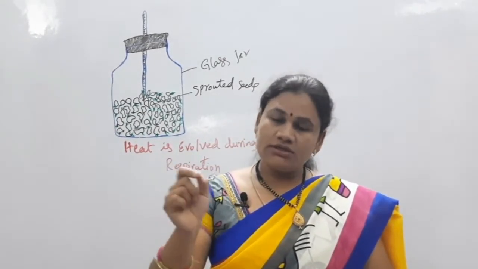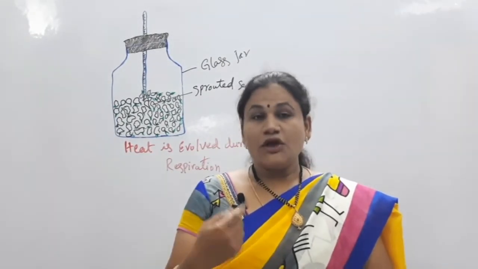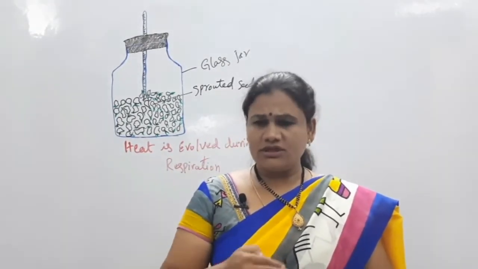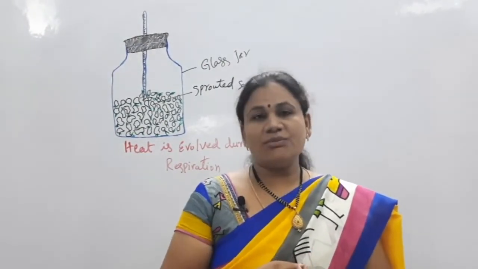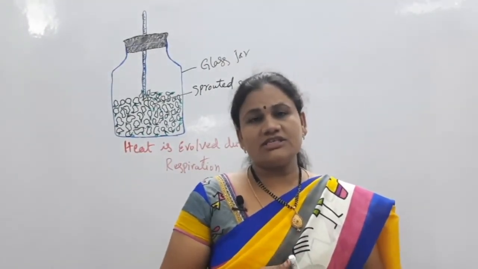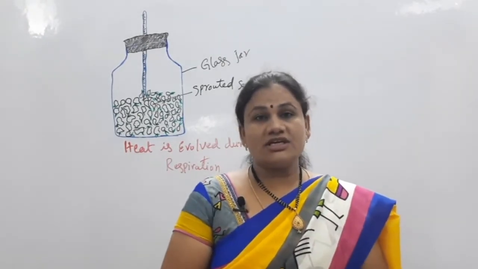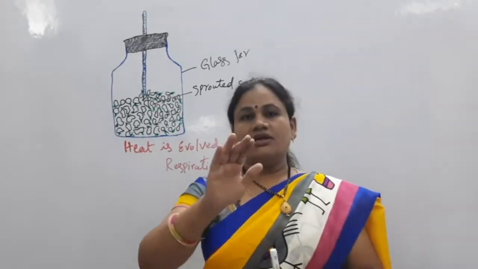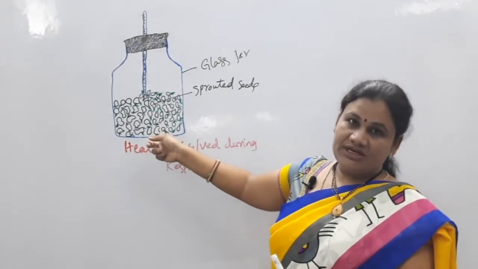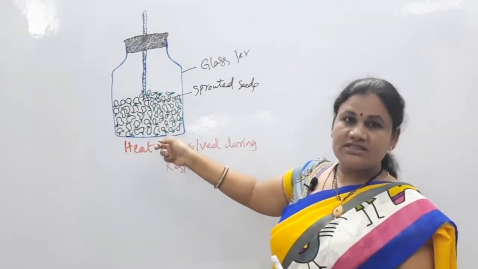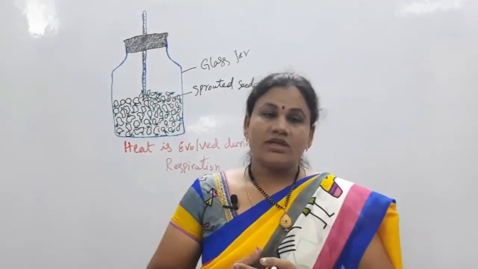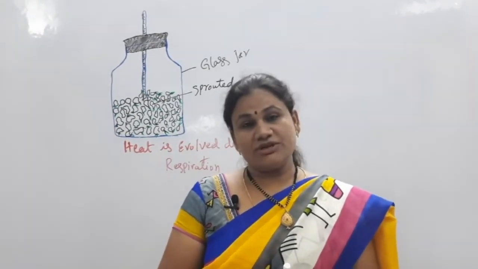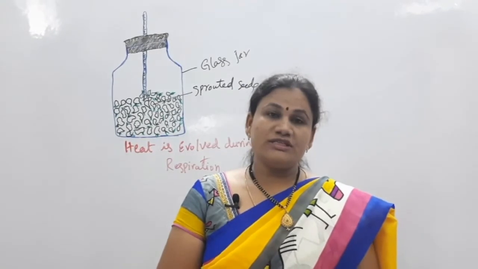Every 2 hours you should note down the temperature and continue for 24 hours, so you will be able to find the variations in temperature. Where are these variations coming from? From the germinating seeds. Do you understand this? By these two activities we can say that carbon dioxide is released and heat is evolved during respiration.